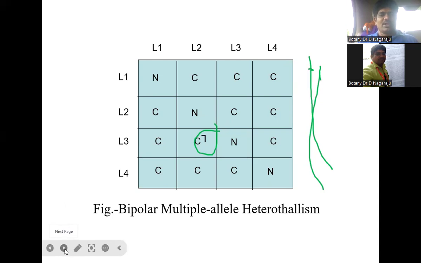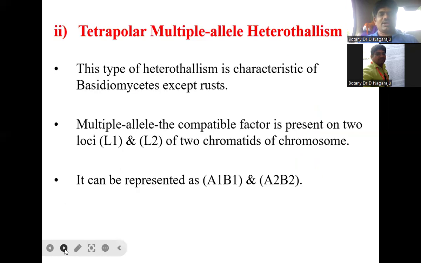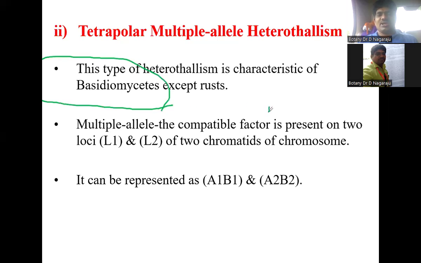You can see the tetrapolar multiple allele heterothallism. This is there in the Basidiomycetes fungi. In the basidium, you might have seen 4 sterigmata are formed and 4 basidiospores are formed because of 4 different genetic factors present in the same locus.